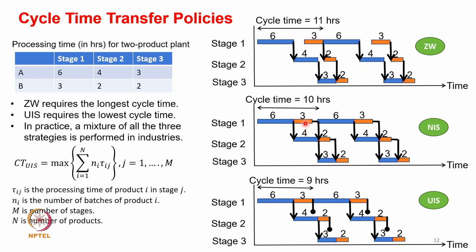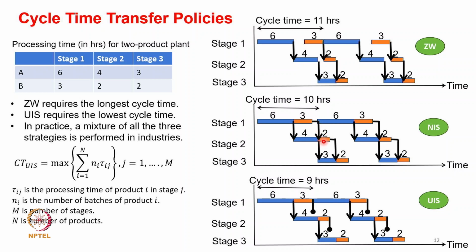Immediately after stage 1 is completed, stage 2 of the production of B is activated, but you have to keep a watch that stage 2 is only available after 4 hours. So, after 3 hours you have to wait there itself. You are just waiting, not doing intermediate storage, and you transfer over here.